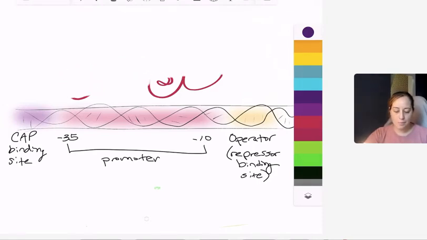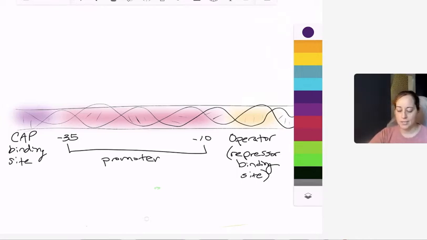So the cap protein is unique to certain bacteria, and I'll just summarize by saying that it's part of the cell's system for monitoring how much energy is present in the cell in the form of molecules.